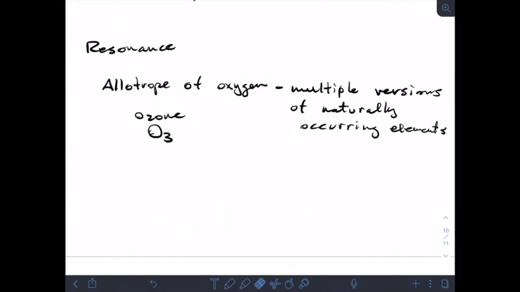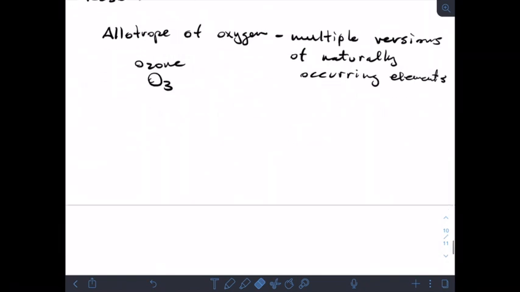So let's come back to that situation, right? So if I were to draw a Lewis structure for ozone, if I were to go through the process, I could draw one that looks like this.